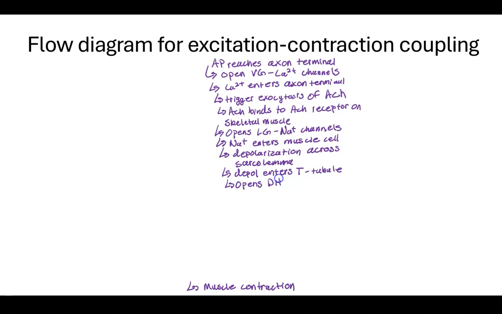the DHP receptor. The DHP receptor is physically tethered to the RYR, so when the DHP receptor opens, this causes the opening of the mechano-gated RYR.